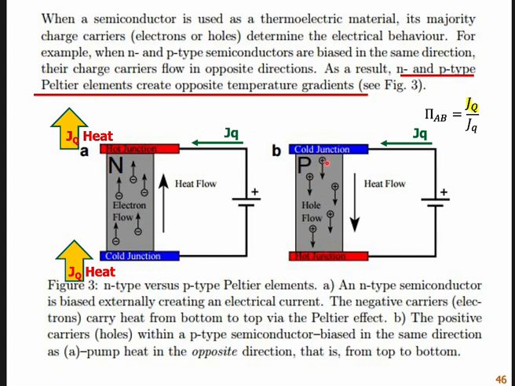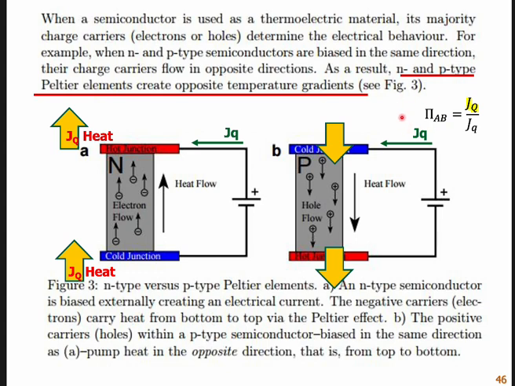Each hole carries heat. So the holes carry heat from the top to the bottom side, which means they absorb heat from the surroundings and deliver it to the other side. That will cool this side down and heat this side up.